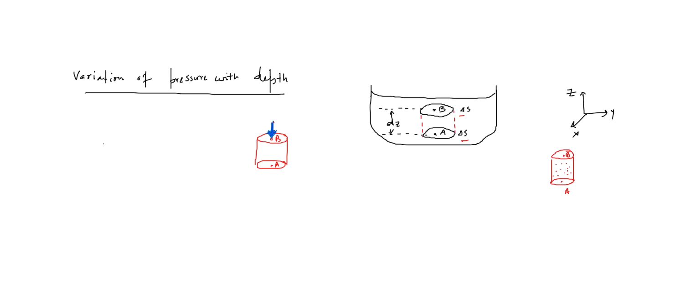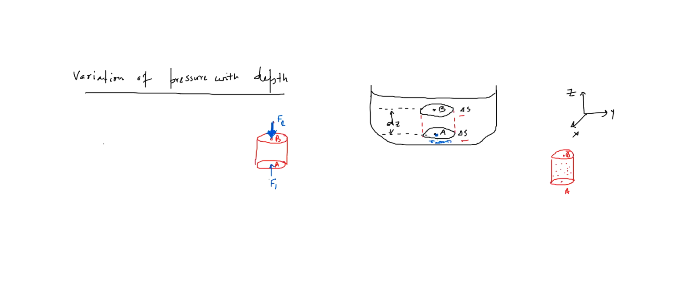So here is some force, let us say F2, vertically downward, by the fluid above. And here is some other force, let us say F1, exerted on this cylinder by the fluid below, pushing it upward, trying to compress it.